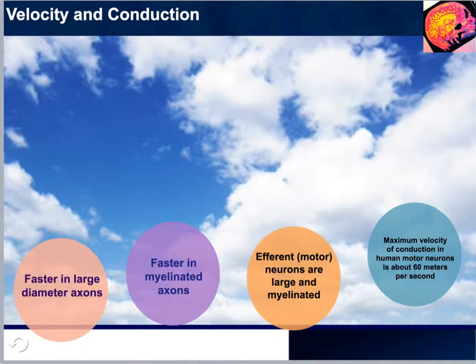First, looking at how wide the diameter of the axon is, we find that there is a faster conduction when there is a larger diameter axon. And this just makes sense. If you have a 6-lane highway versus a 1-lane highway, it'd be safer to travel through this 6-lane highway, and also many other cars could travel at faster speeds through a 6-lane highway than a 1-lane highway.